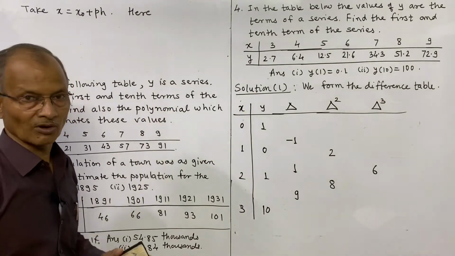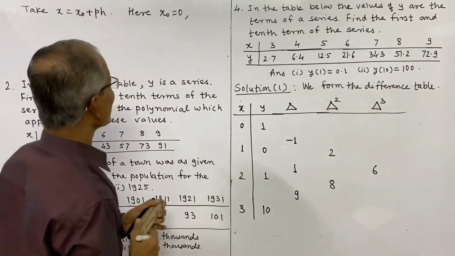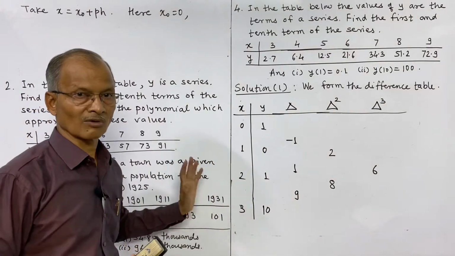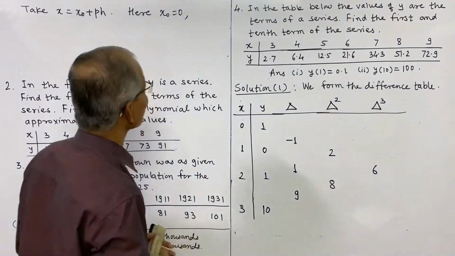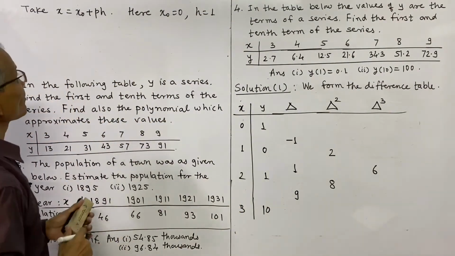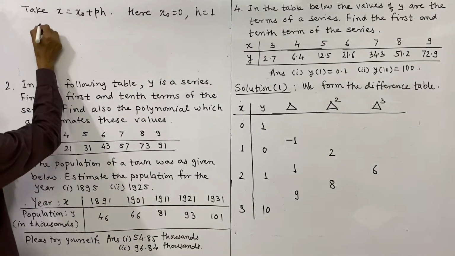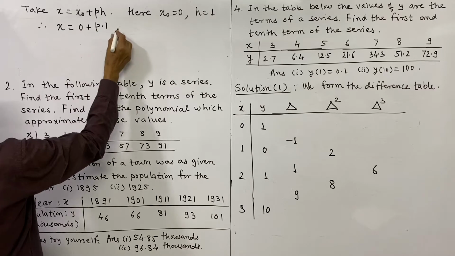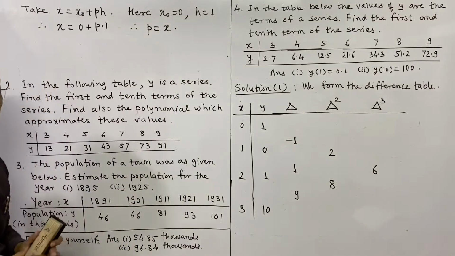X naught means the first value of x, that is 0. And h is the difference between the values of x, since we have written xi is equal to x naught plus nh, and that is 1. So putting x naught and h here, we have x is equal to 0 plus p into 1, that is x is equal to p, or p is equal to x.